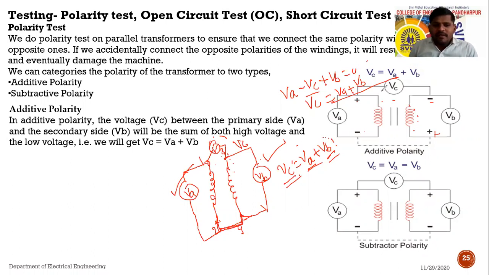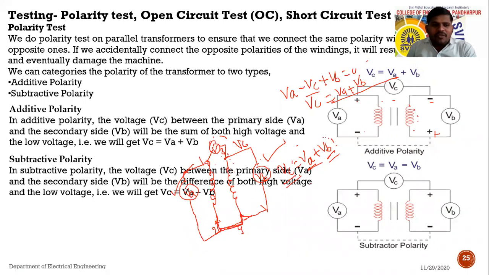Okay. So if the voltmeter shows the summation, that is additive polarity, and the opposite of that is subtractive polarity. See, a similar connection can be made for understanding subtractive polarity. Again, one terminal of the primary winding and one terminal of the secondary winding can be directly connected by using a rigid wire, and across the remaining two terminals, one voltmeter can be connected.